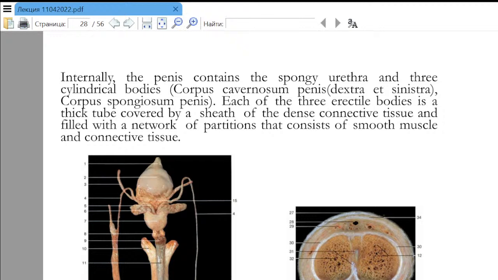This is the corpus cavernosum penis and corpus spongiosum penis.